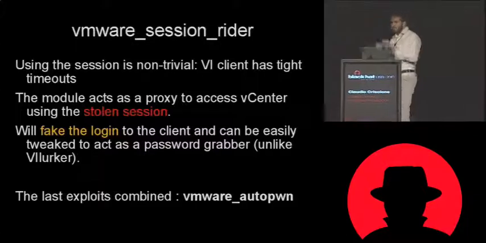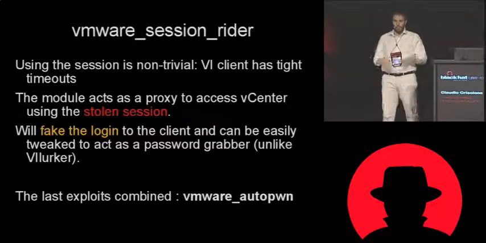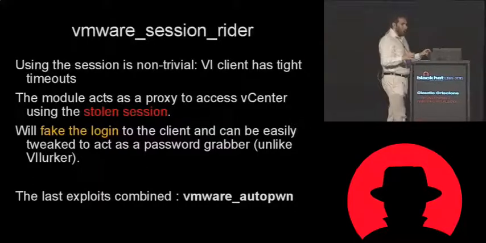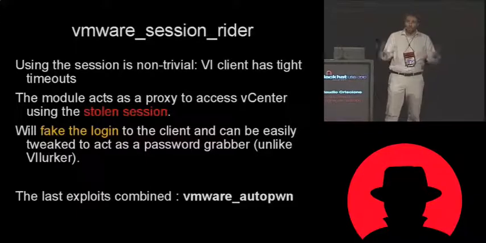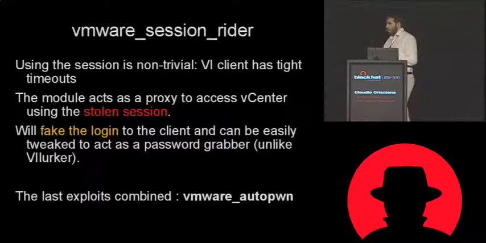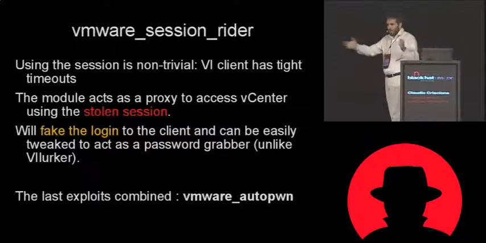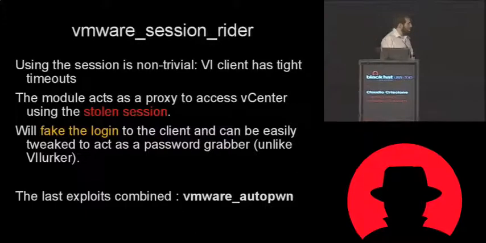It doesn't work like that. It has to go through all the states of the finite state machine, the finite state automata. So you have to do all the steps properly. So the VMware session writer module will just get a session ID and let you write another user session by faking all the login procedure and give you access to the remote server.